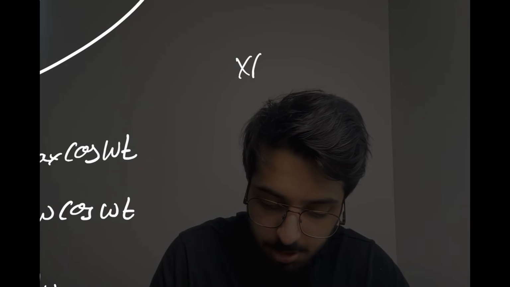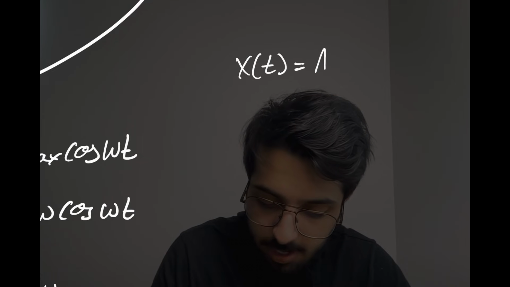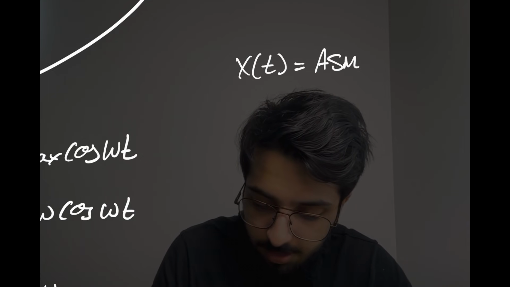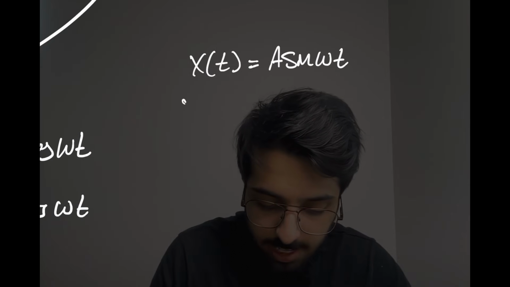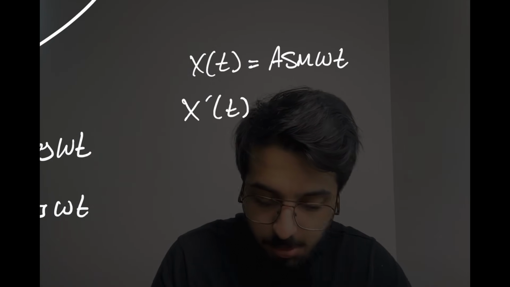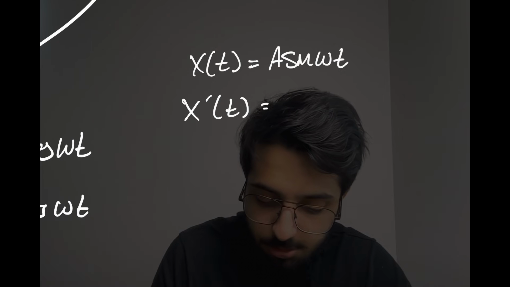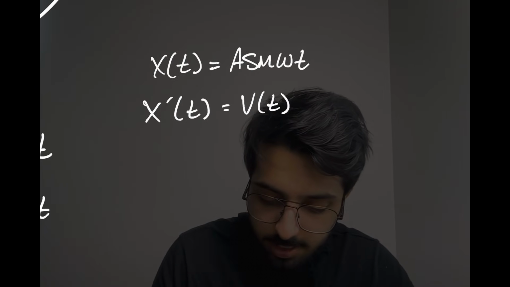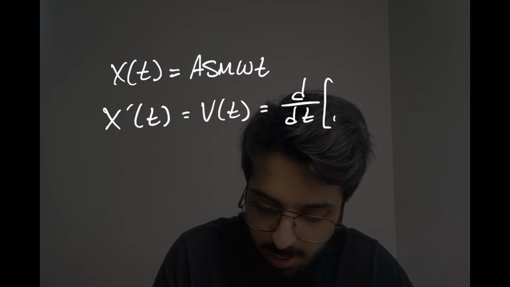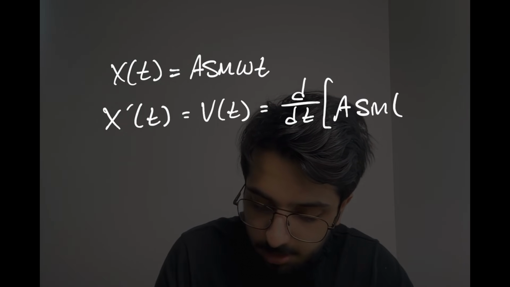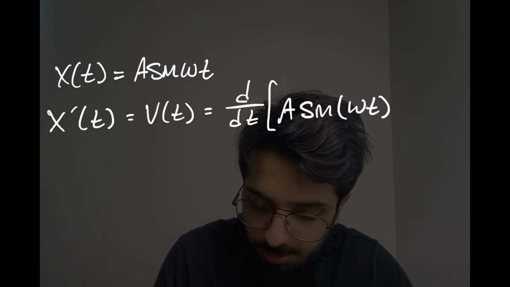But if we take our full displacement equation, a sine omega t, and we differentiate this, we get x prime t, or x dash, whatever you want to call it, and that's equal to our velocity, and that is equal to the derivative with respect to time of this equation right here, a sine, and we can put this in brackets, omega t, right?